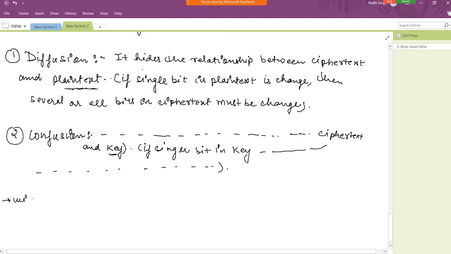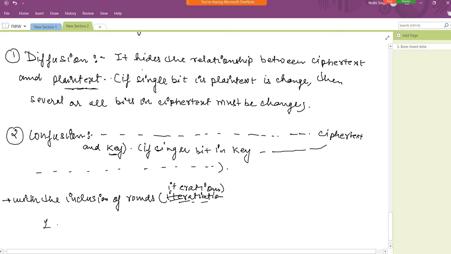So with the inclusion of rounds, means iteration, we can achieve these two properties, diffusion and confusion.